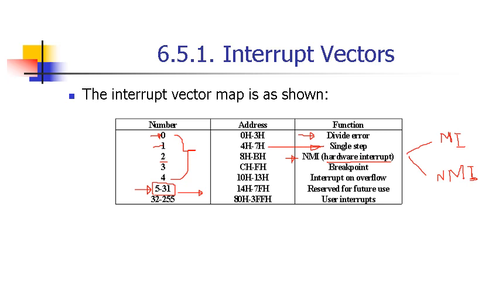You as a user can generate as many interrupts as you wish when you design your system, but you have to stick to interrupt vector number 32 up to 255. This is the range of interrupt vectors you can use as a user. The beginning address is this, and this is your final address, and you can define as many interrupts as you wish within this range.